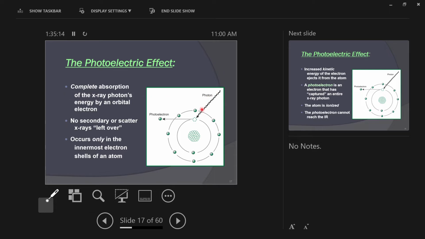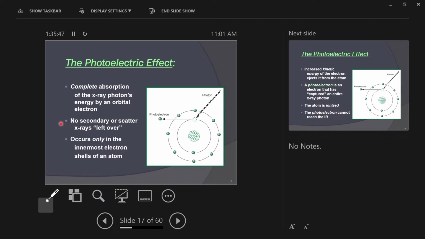Incoming photon, where did this photon come from? The X-ray tube, right? It came down from the X-ray tube. This photon is part of the primary beam, and now it's interacting with the patient's tissue atoms. This tissue atom happened to be in the right spot for this photon to strike an inner shell electron, and it happened to have enough energy to kick that electron out of the atom.